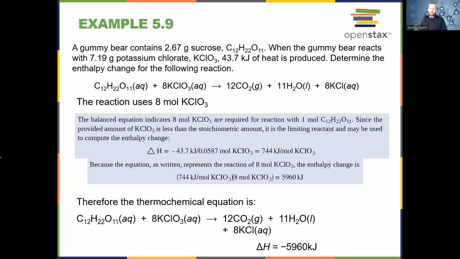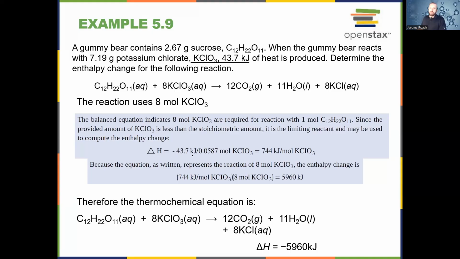So what we're going to do now is, since it's the limiting reactant, we're going to write this in terms of, it says 43.7 kilojoules of heat is produced. So we're going to write kilojoules per mole is what we're trying to figure out. And we wanted to decide, are we trying to use kilojoules per mole of potassium chlorate, or kilojoules per mole of sucrose?